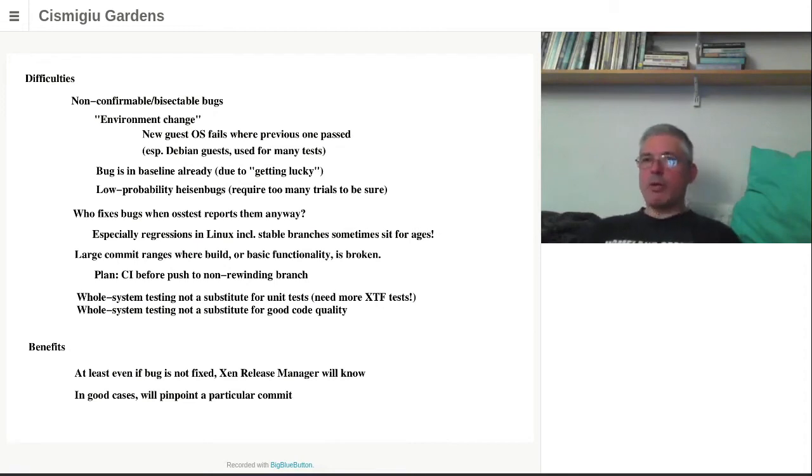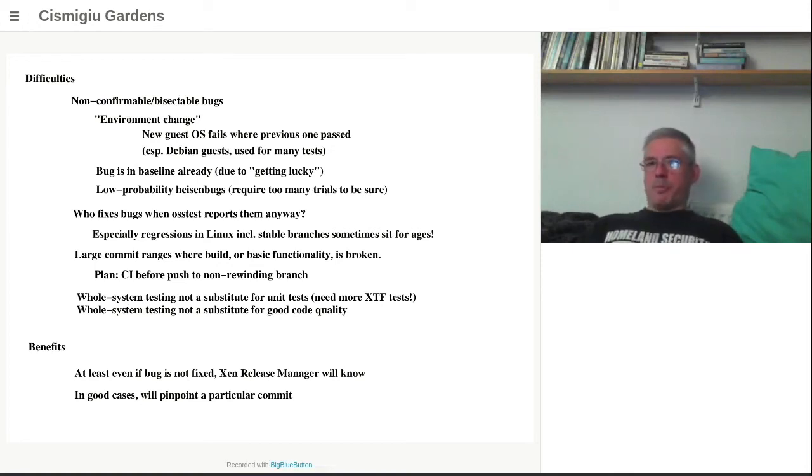Particularly the Heisenbug regressions, the Heisenbugs reported by osstest are often not investigated by the code experts in that field. The Linux kernel, particularly stable Linux kernels, seem to occasionally acquire quite serious regressions, which then sit around for weeks or months even before somebody maybe fixes them.